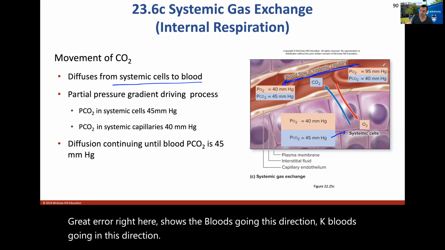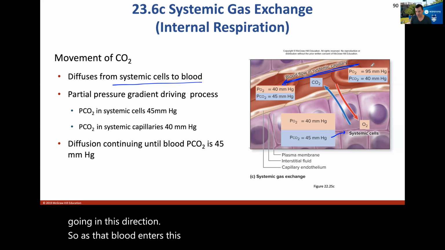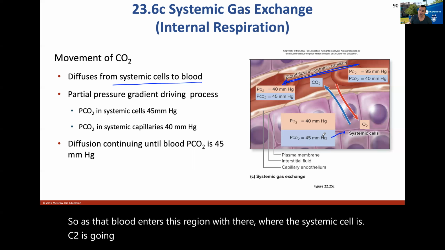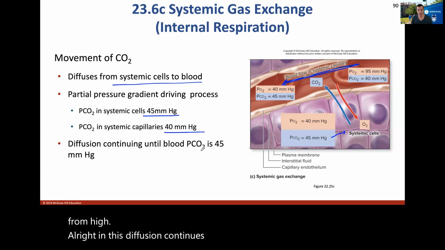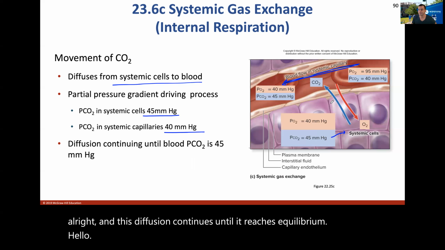So as that blood enters this region where the systemic cell is, the CO2 is going to go from high to low. From high to low. All right, and this diffusion continues until it reaches equilibrium. Okay. Everybody with me there?